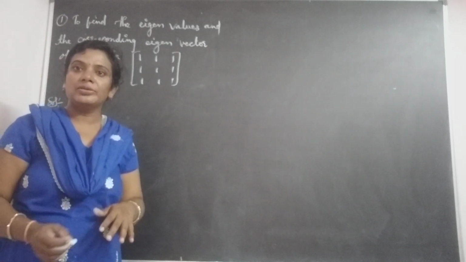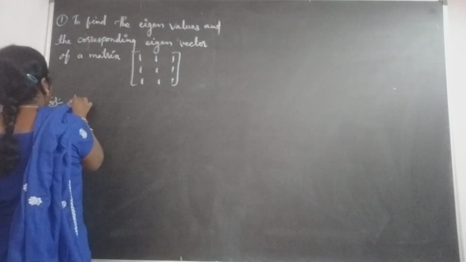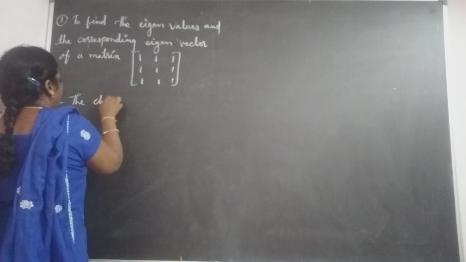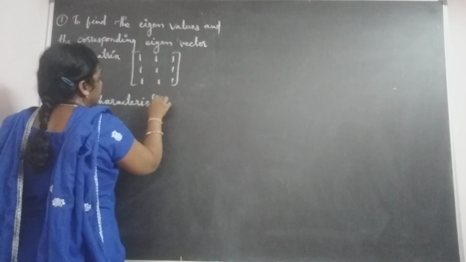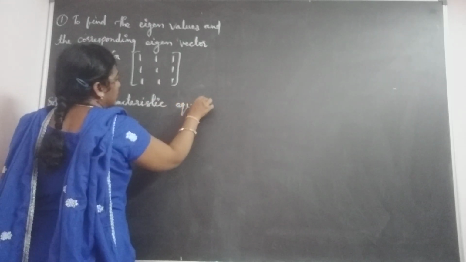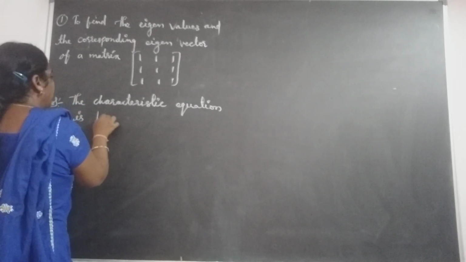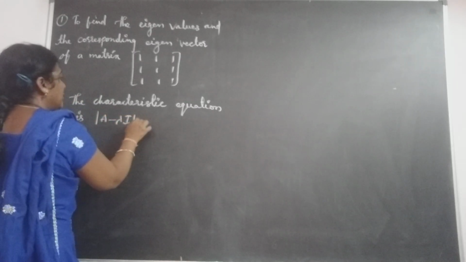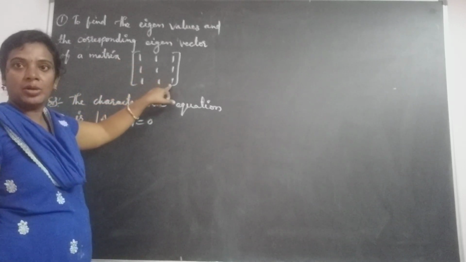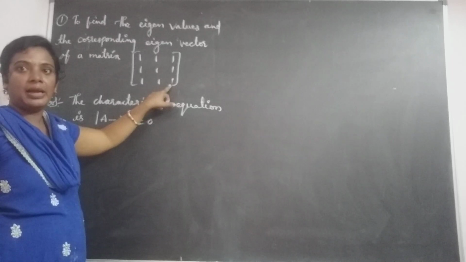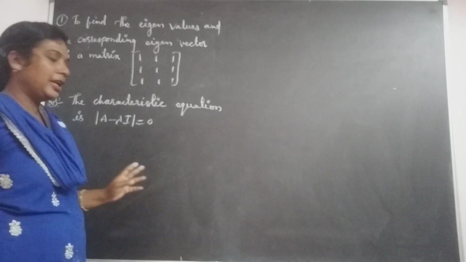The eigenvalues can be found by using the characteristic equation. What is the characteristic equation? It is the determinant of A minus lambda I equal to 0. That means lambda is subtracted from the diagonal elements.